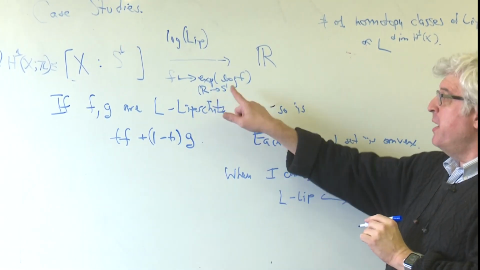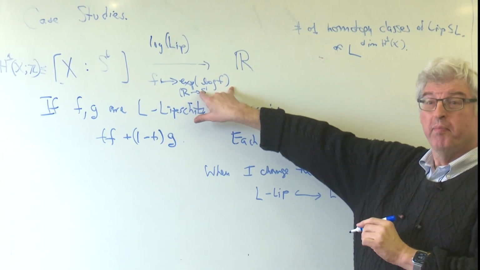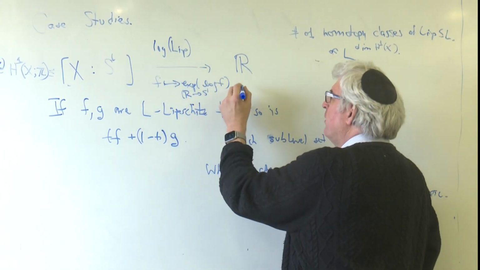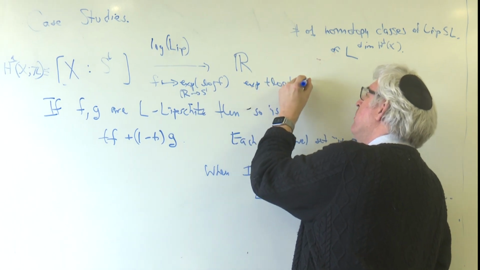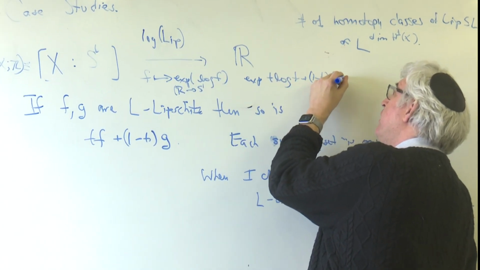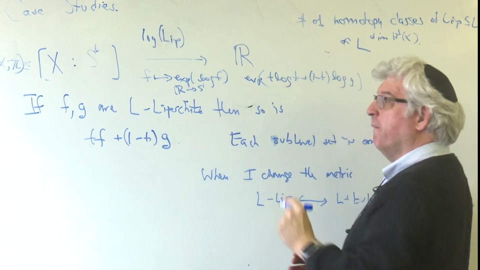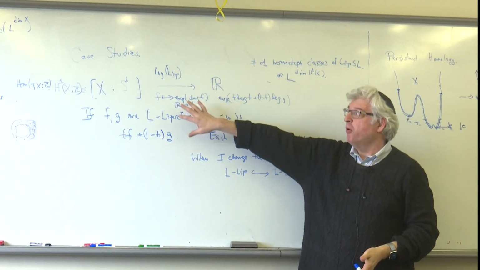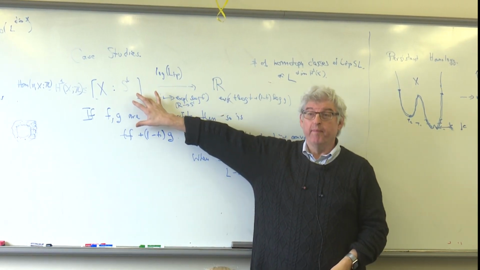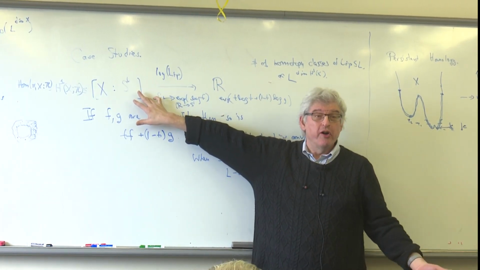Okay, this map here preserves Lipschitz constants. Okay, so over here I could take exp of T log F plus 1 minus T log G. Okay, and the path preserves the exact Lipschitz constant. Okay, so that's what you do if you're null homotopic.